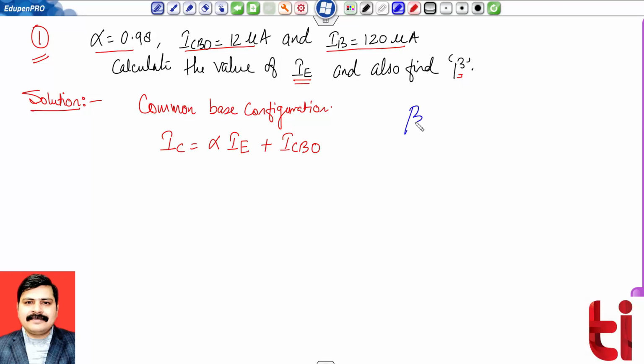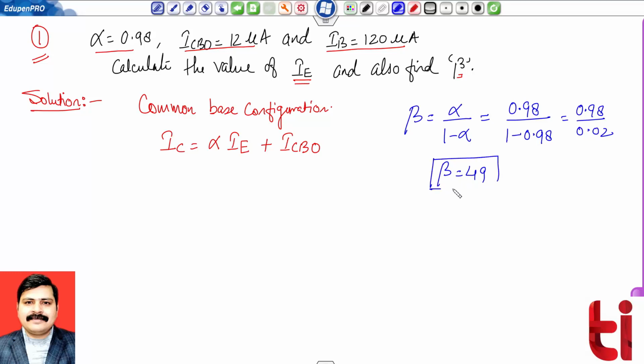We know that beta equals alpha upon 1 minus alpha. As alpha is given 0.98, we put 0.98 upon 1 minus 0.98, which becomes 0.98 divided by 0.02, and beta has a value of 49. So for this data, my beta is 49.